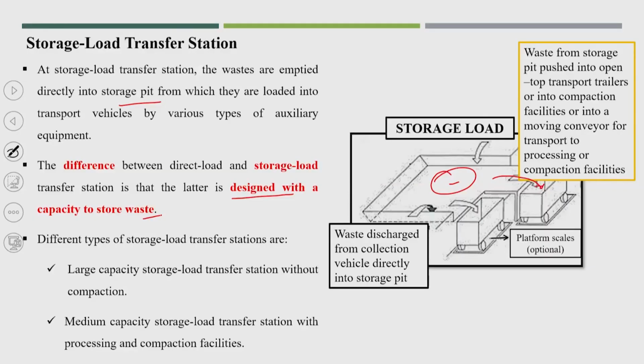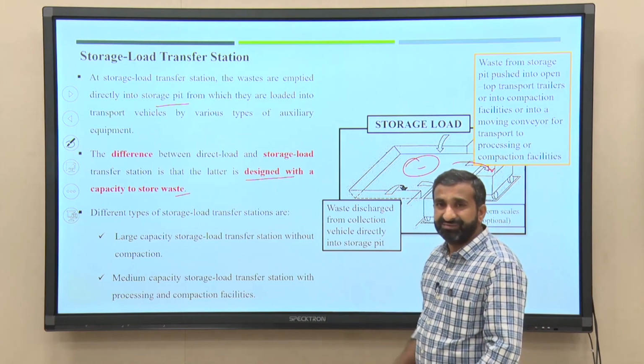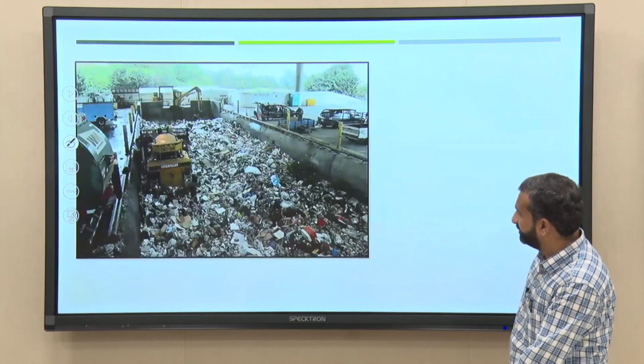Some unit could segregate the recyclable matter, and the remaining waste that cannot be segregated will be loaded into the larger vehicle. That kind of facility we can plan into the storage load transfer station. So it is not only a transfer station, but we can also plan a recycling facility in such locations.